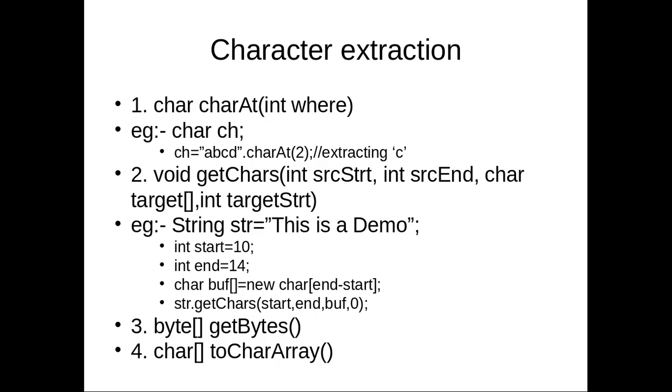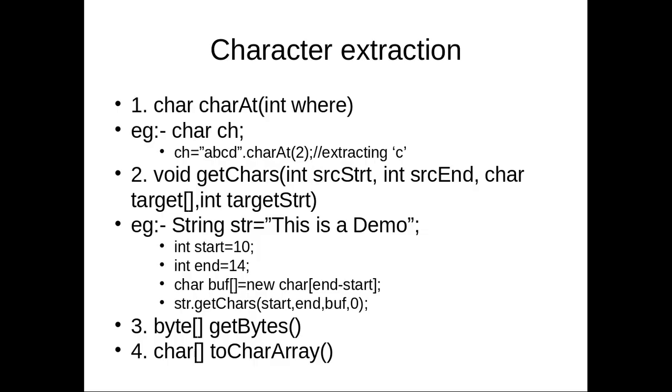Now another form of character extraction is void getChars. Instead of a single character, you are going to extract a group of characters. That means the characters starting at sourceStart, starting from that location. sourceEnd is the end.